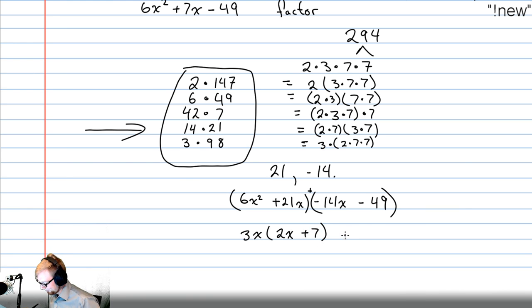And when you push that negative inside, you should get 7 coming out. But that would be, yeah, positive. Then you would be left with negative 7x minus 7. Right?